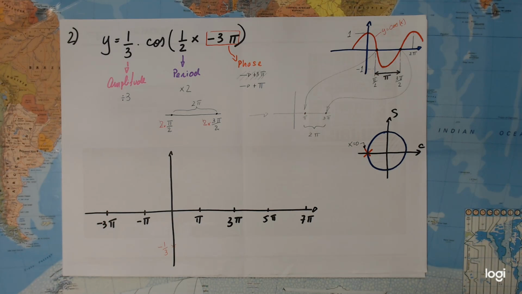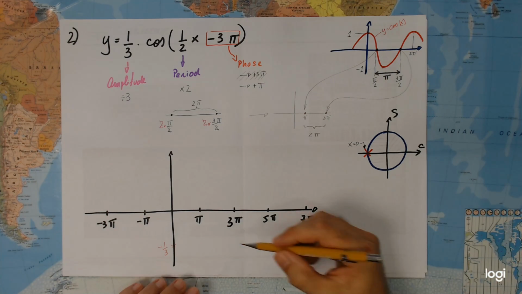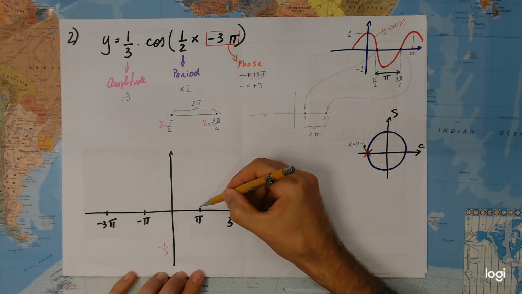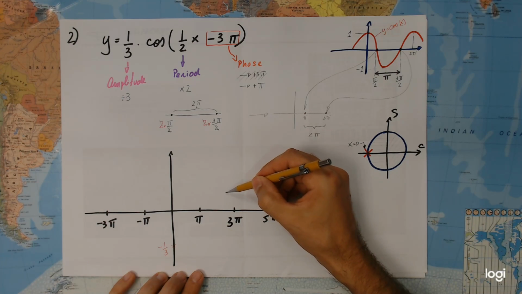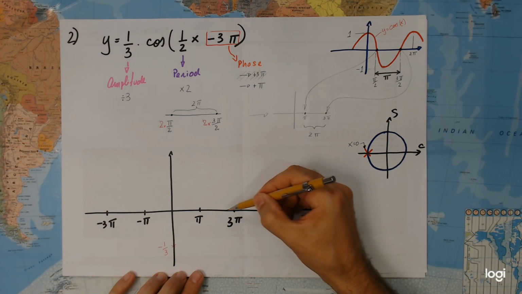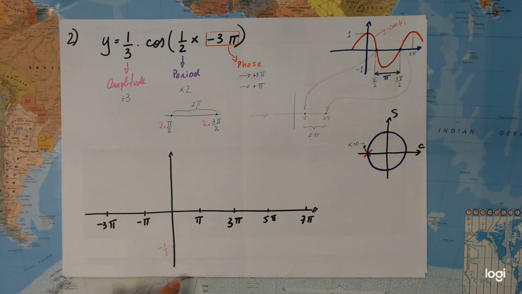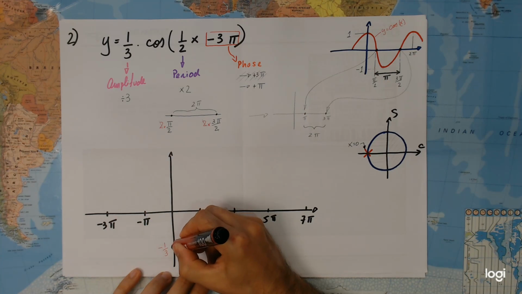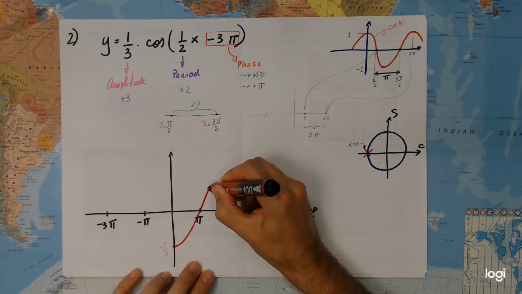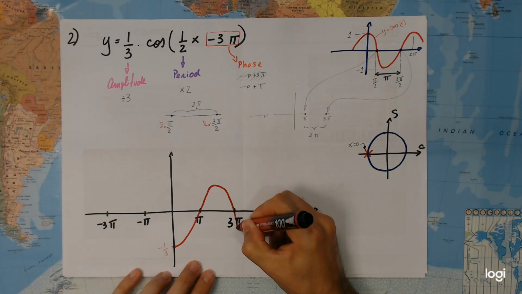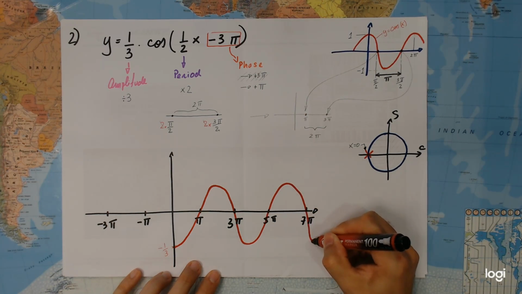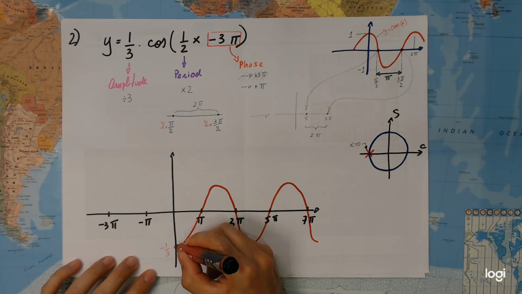We just have to draw it. It's going to be like this. Every time this happens, it must pass through the 0, okay? So it's going to be like this, and so on. Again.